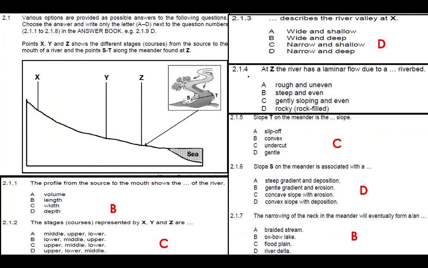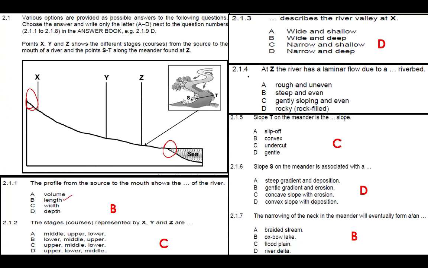Now let's quickly look at these questions here. Various options are provided as possible answers. Let's look at the first question. The profile from source to the mouth shows the length of the river.